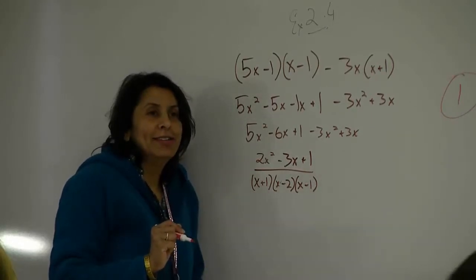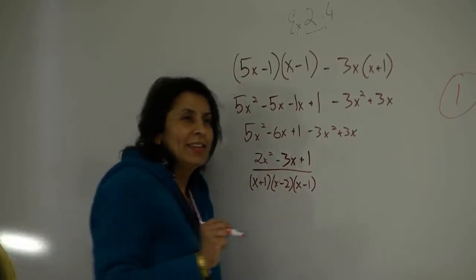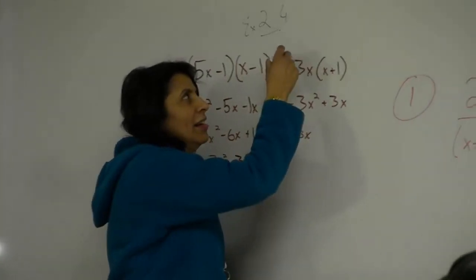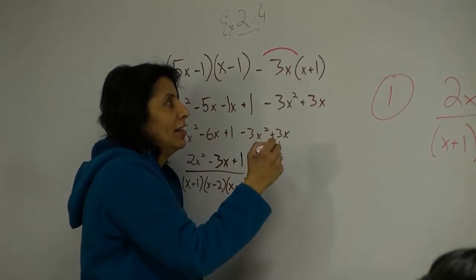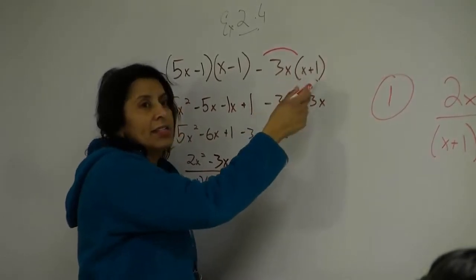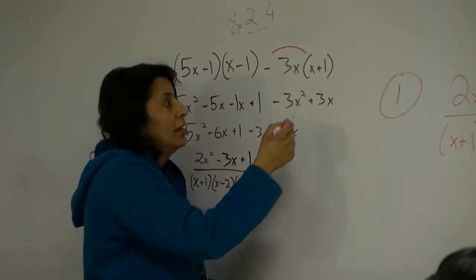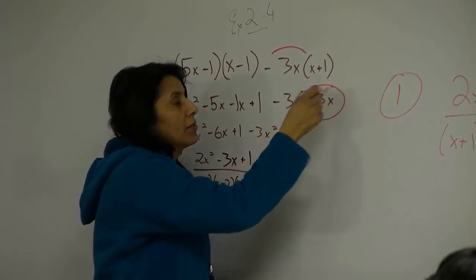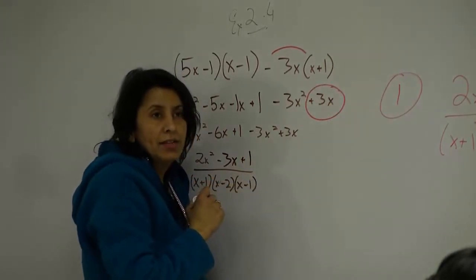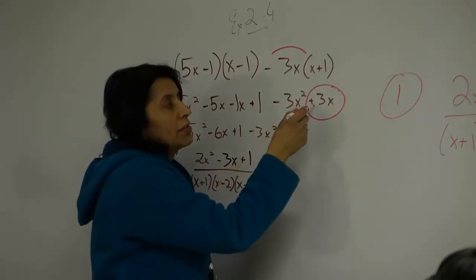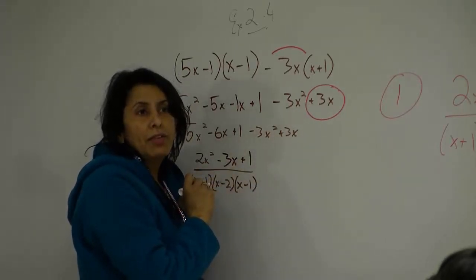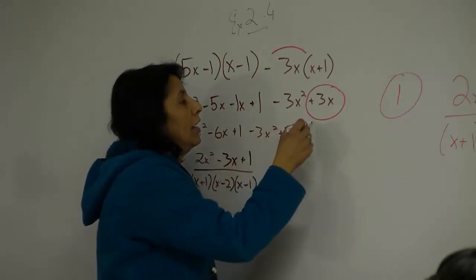What's wrong here? Negative 3x times 1 would be negative 3x. Is that what you're saying the mistake is? Yeah. So instead of positive 3x, what should I have? Negative 3x. Negative 3x.